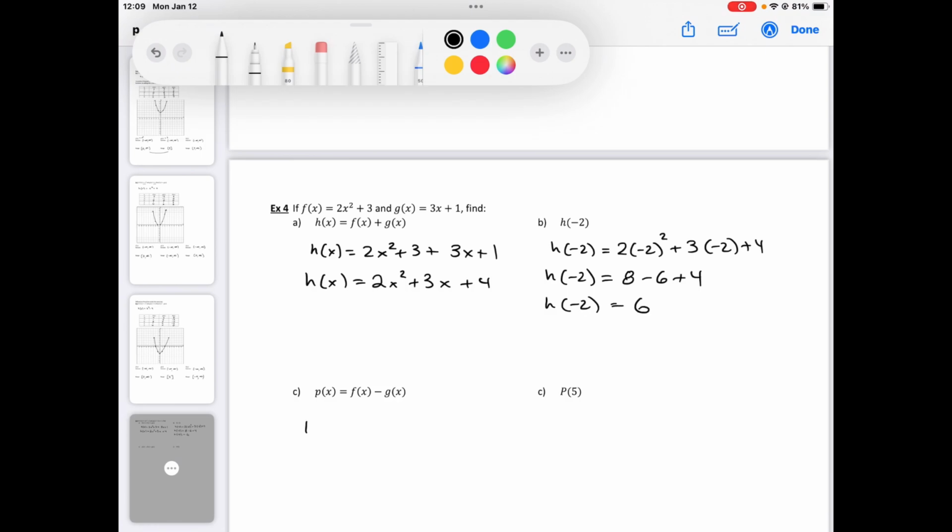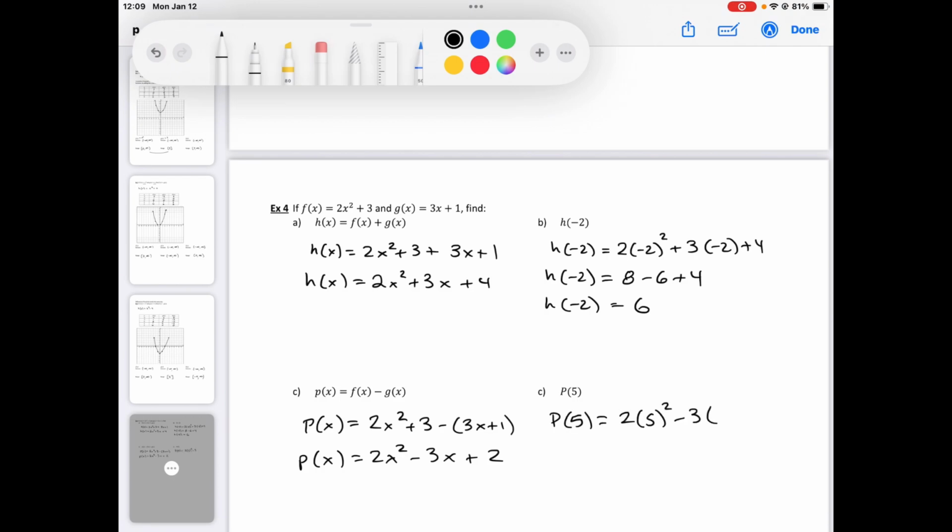And then I can repeat the same thing for the function p(x), except I am subtracting those values. So 2x squared plus 3 minus (3x plus 1) is going to give me a new function of 2x squared minus 3x plus 2, which means that p(5) is 2 times 5 squared minus 3 times 5 plus 2.